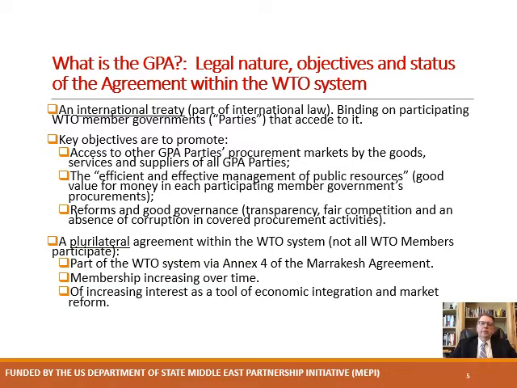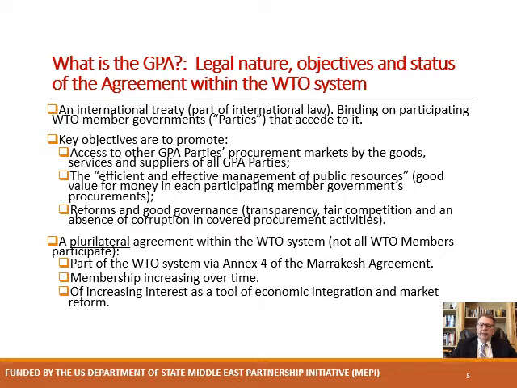So, what are the objectives of the agreement? I would mention 3 key objectives. The first is to ensure access to the other GPA parties' procurement markets by the goods, services, and suppliers of all GPA parties. This is central to the role of the agreement. A second very important objective is to promote the efficient and effective management of public resources.